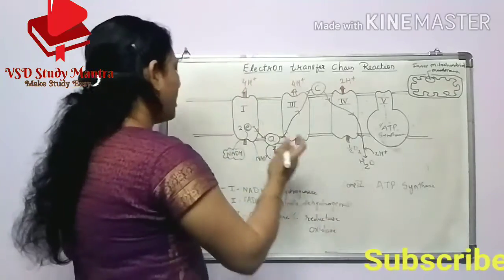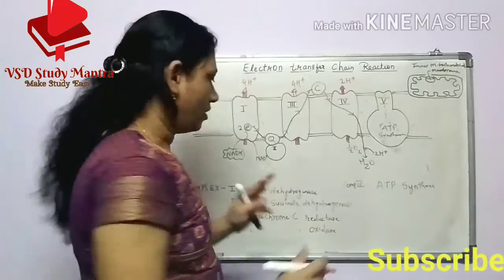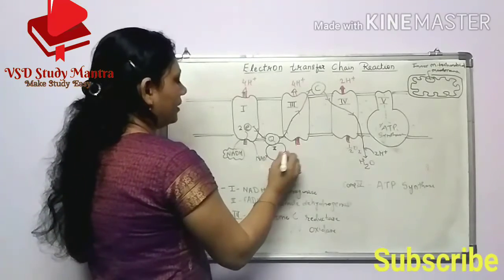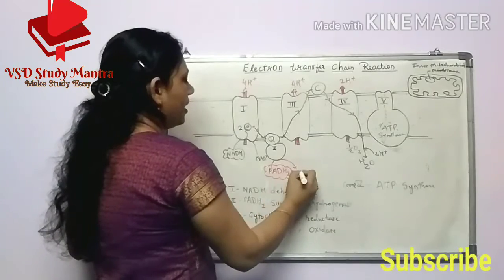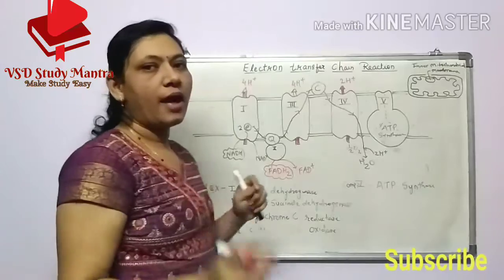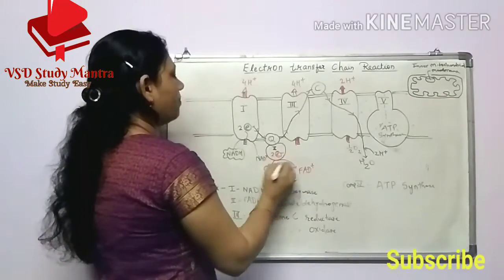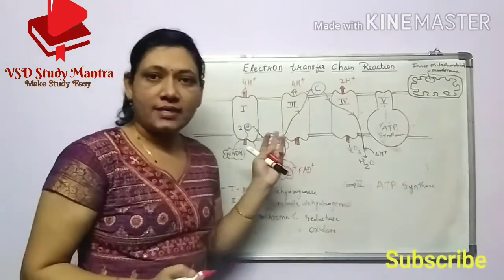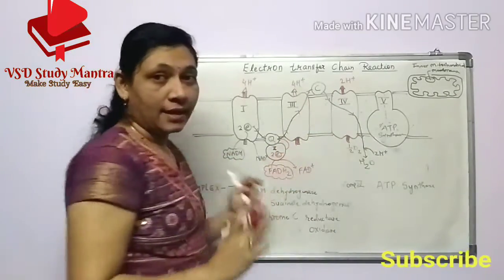Then what happens in complex 2? FADH2 is oxidized to FAD, and this is also an electron donor, so it donates the electrons and passes them to coenzyme Q, and the process starts again like that.